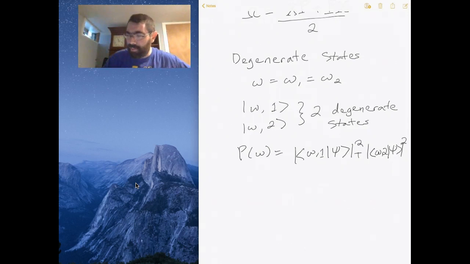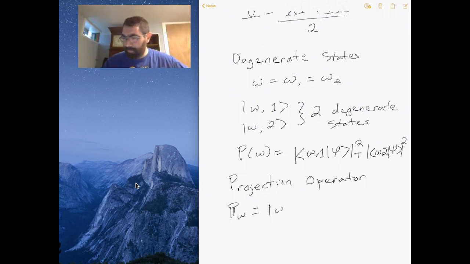So I could arrive at this with my projection operator, where now this is that fancy P. So projecting to get the answer omega would just be omega from state 1 plus omega from state 2, like so.